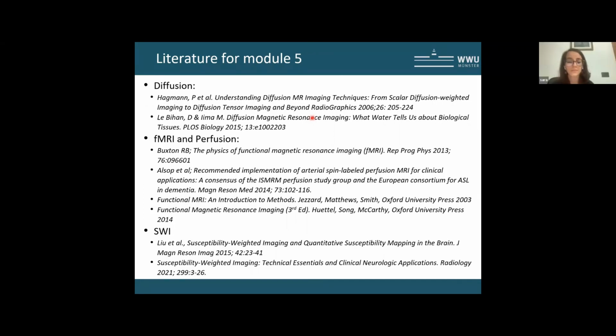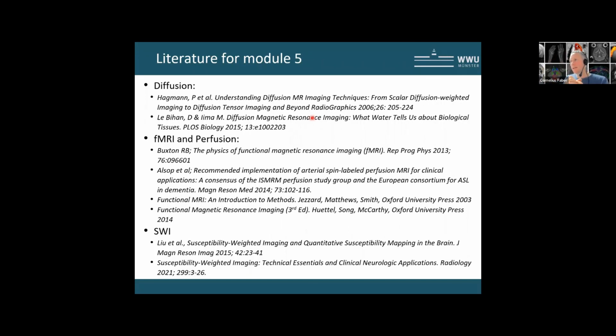Yes, so the first question is, can we calculate the BOLD signal with T2 and T2 star? Yes, that's right. That works. The signal change in T2 star is much bigger, so you usually use T2 star. If you look at the microscopic simulations, you find out that T2 gives you a smaller signal, originating from the capillaries, so more in the tissue bed, whereas T2 star is influenced by larger vessels as well.